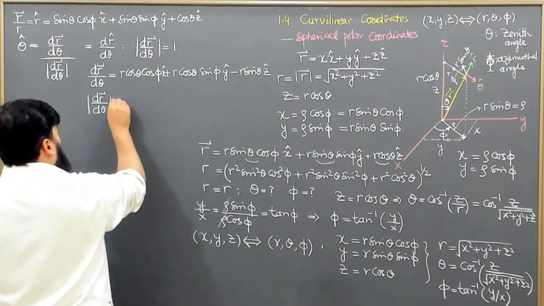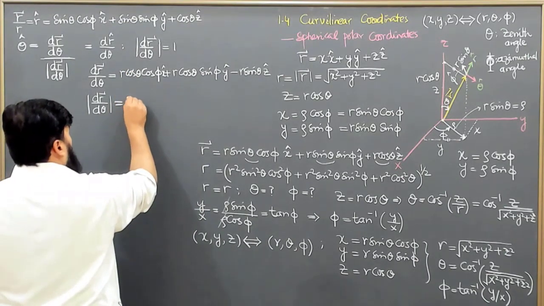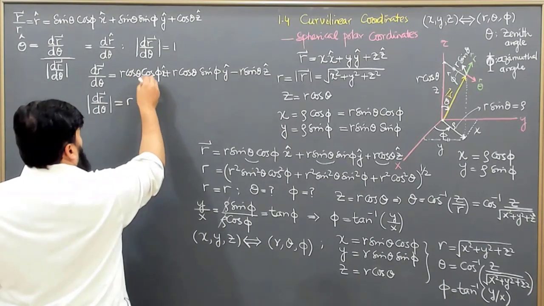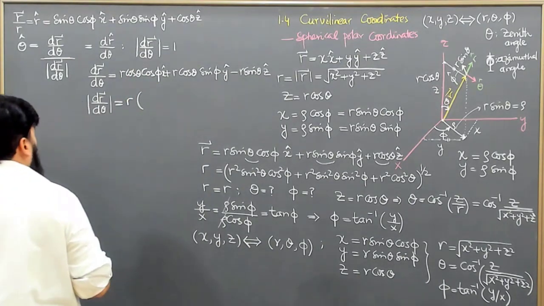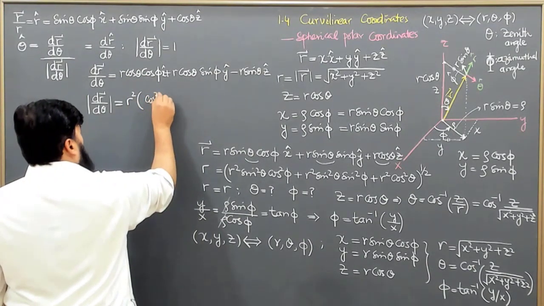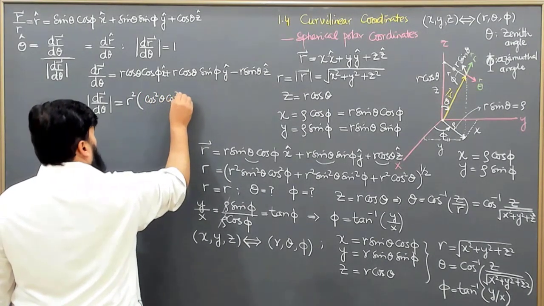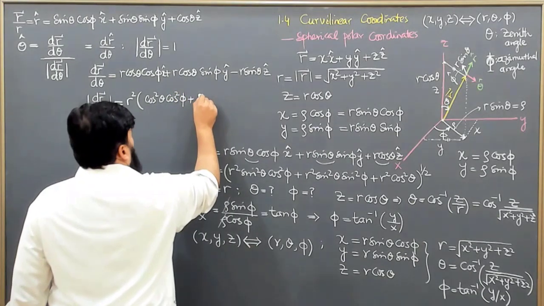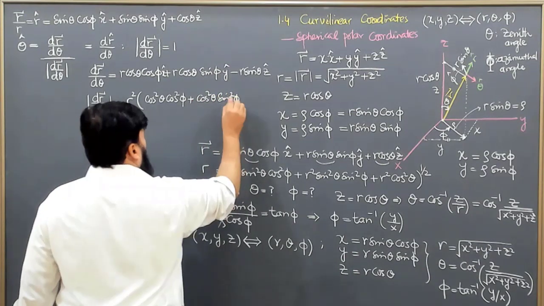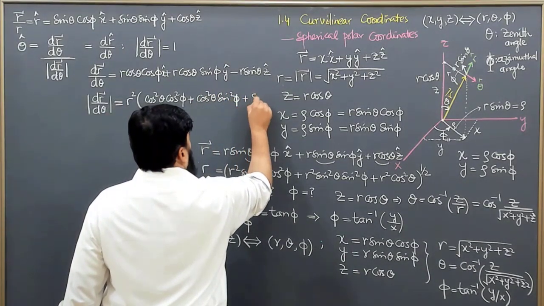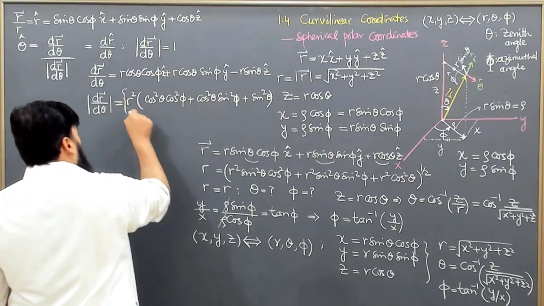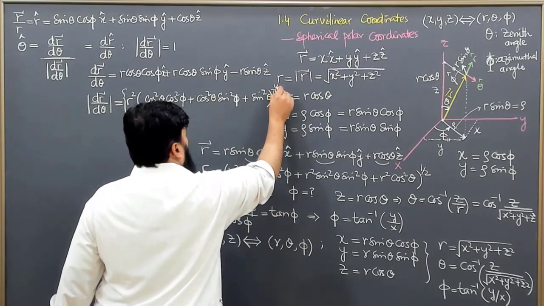It will come out to be r taken as common, then we have cos theta cos phi, and we will square them as well. This is cos square theta cos square phi plus cos square theta sine square phi, and plus sine square theta, and this whole is under a square root, times r.